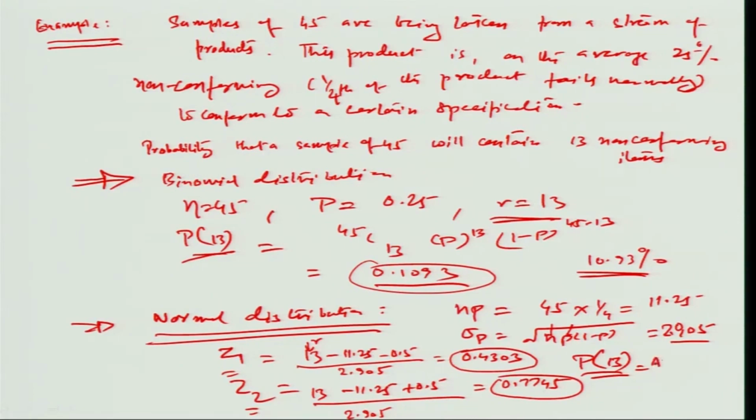Let us call it the cumulative distribution function, CDF of Z2 minus CDF of Z1, and from the normal tables these values can be obtained as 0.7807 minus 0.6665, corresponding to the Z2 and Z1 values, and this comes out to be about 0.1142.